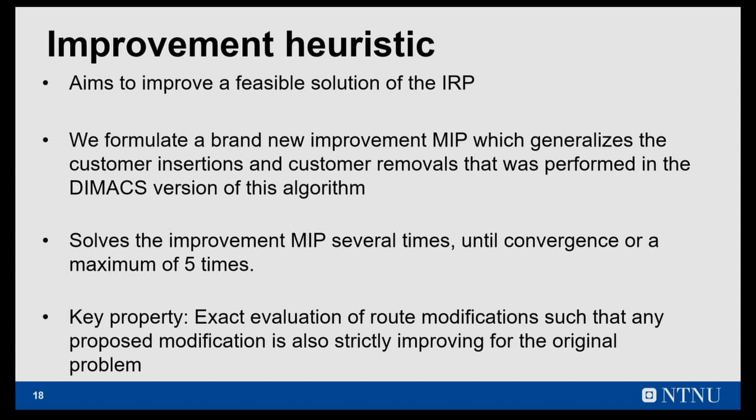And we solve this improvement MIP several times, either until it converges, so it doesn't find any improvement from one iteration to the next, or until we reach a maximum of 5 iterations. And the key property of this improvement MIP is that we have an exact evaluation of the cost of the route modifications we do, so that any proposed modification from the model will be improving for the original problem.